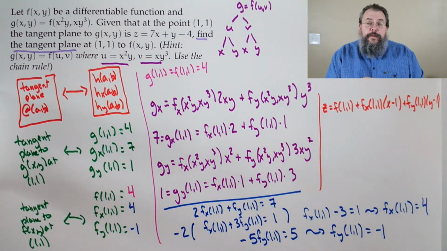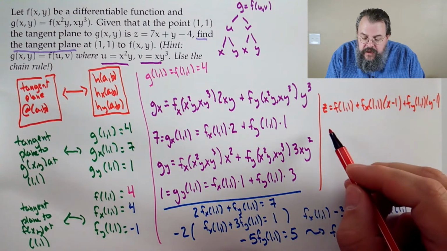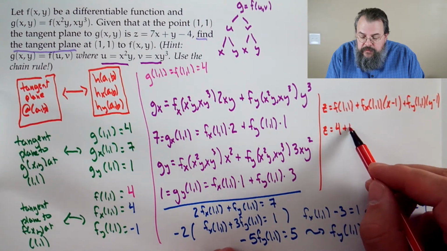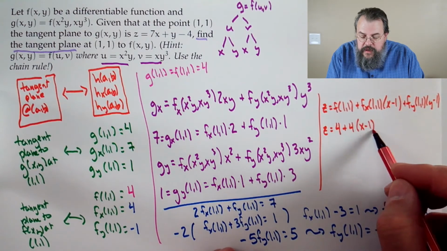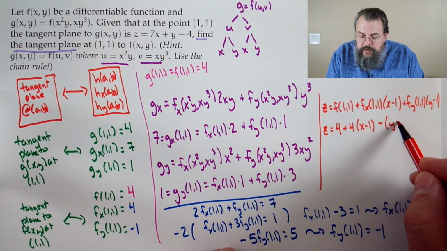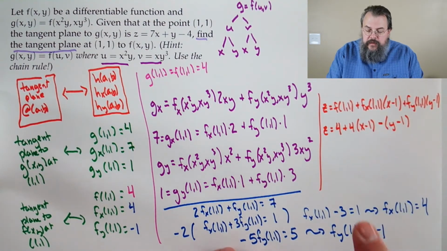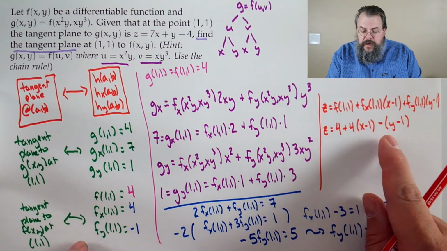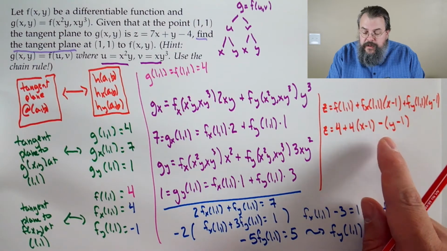That's just the generic formula for the tangent plane at (1,1), and we just plug in what we know. So we end up with z equals 4 plus 4 times (x minus 1) minus (y minus 1), because I plug in 4 for f(1,1), 4 for f sub x at (1,1), and minus 1 for f sub y at (1,1).